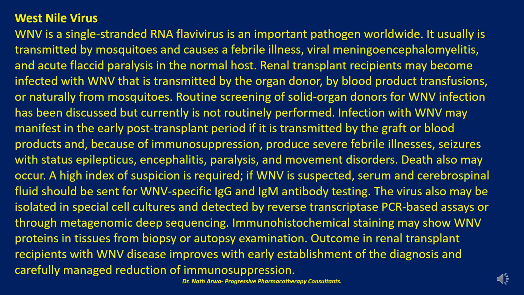Immunohistochemical staining may show West Nile virus proteins in tissues from biopsy or autopsy examination. Outcome in renal transplant recipients with West Nile virus disease improves with early establishment of the diagnosis and carefully managed reduction of immunosuppression.